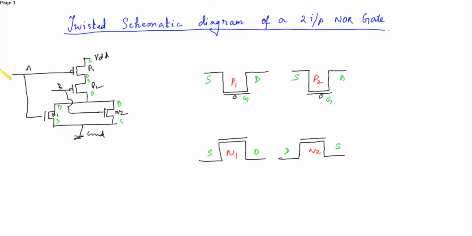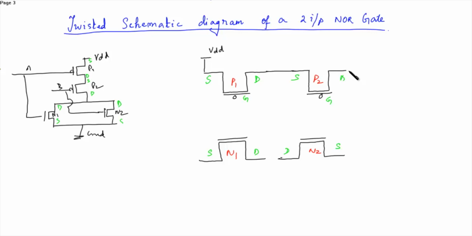So now the source of P1 is connected to VDD. And the drain is connected to the source of P2. So these two are connected.